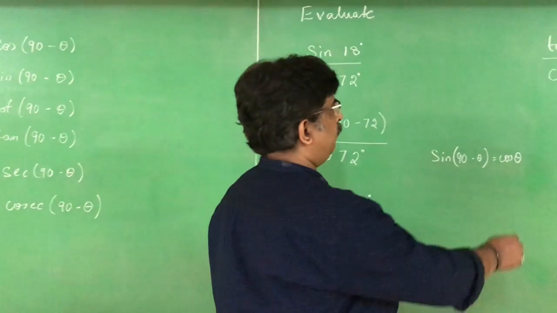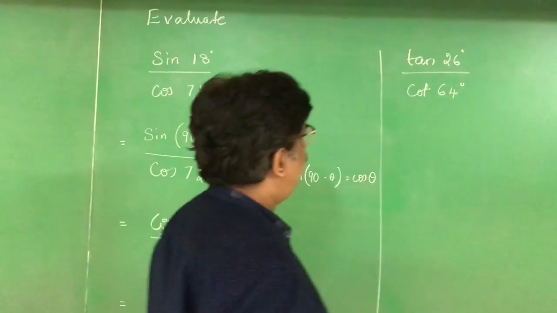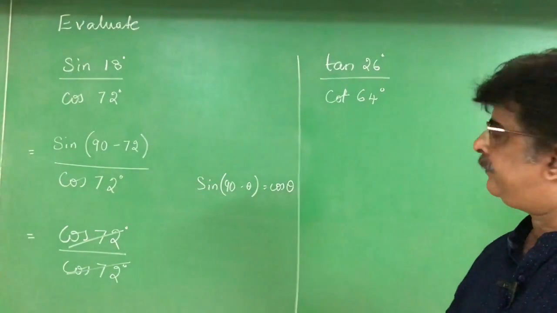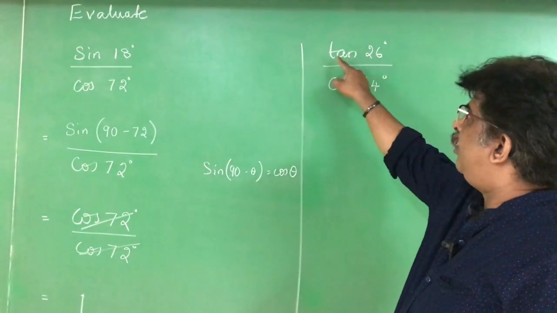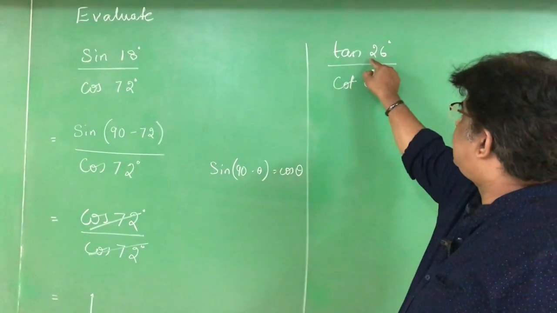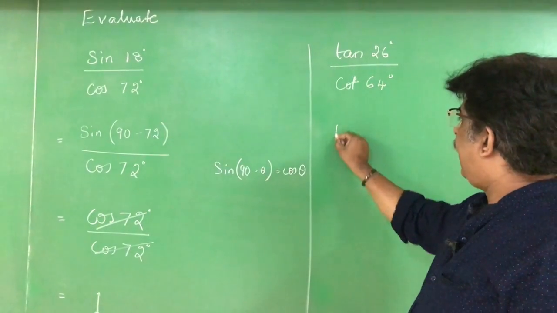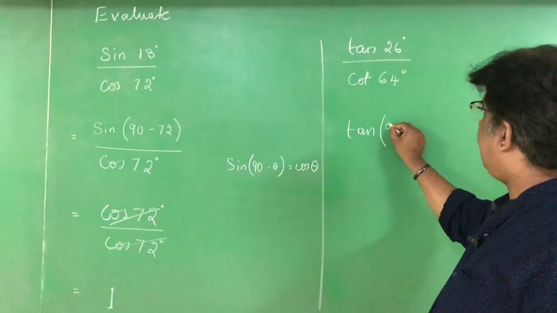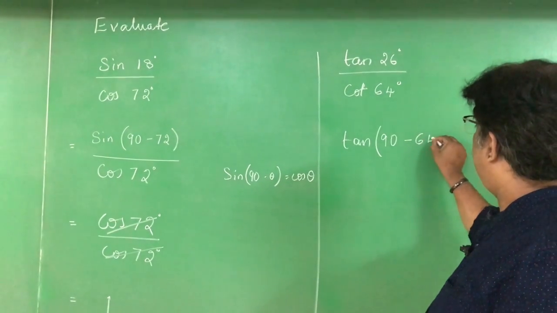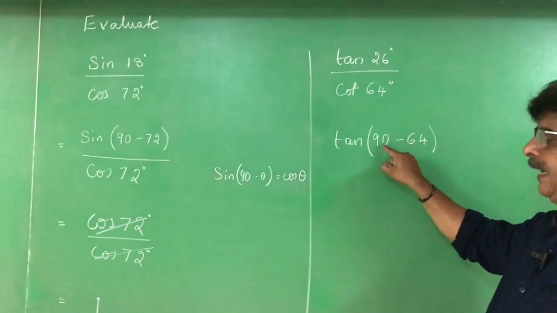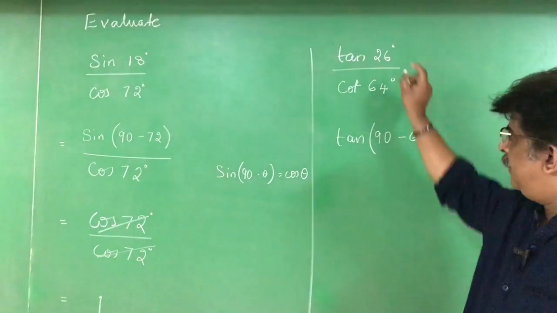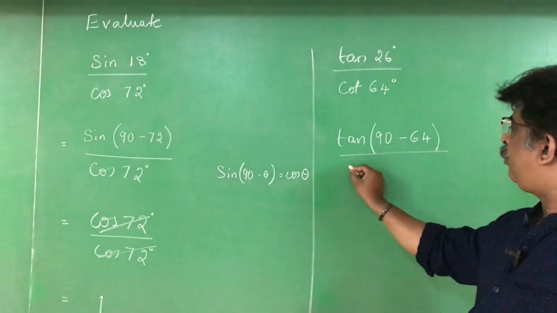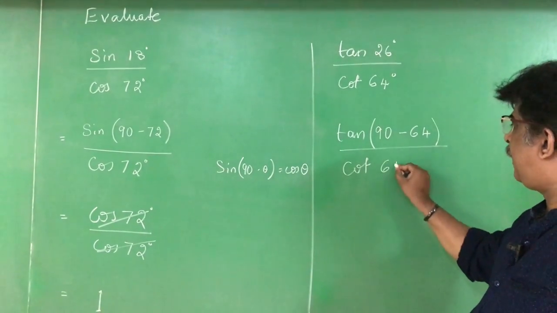See here, there is one more problem: tan 26 degrees divided by cot 64 degrees. I start with the numerator. Tan 26 can be written as tan of 90 minus 64, because 90 minus 64 gives 26. The denominator I don't change.